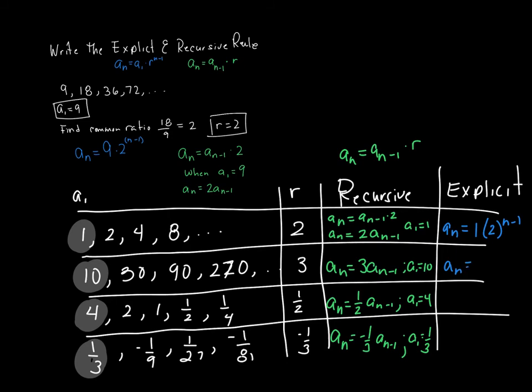So the first term here is 10, my ratio is 3, raised to the n minus 1 power. My first term is 4, my ratio is 1/2, raised to the n minus 1 power. And the last one is a_n is equal to 1/3 times the ratio negative 1/3 to the n minus 1 power.